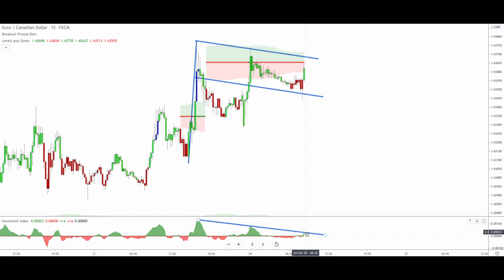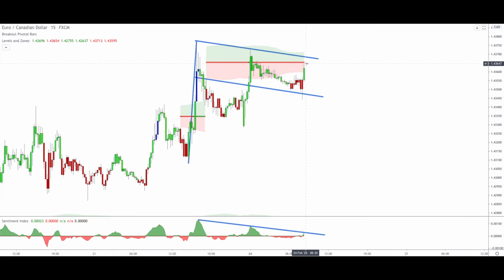And if at the same time of this breakup we also have a breakup of the consolidation with a green candle, these colors are the ones that the Breakout Pivotal Bars assigns to the candles. So if we have a green candle, I mean, we want a green candle to be the one that breaks the consolidation, since we are looking to the upside.